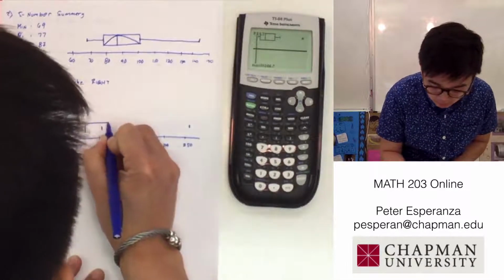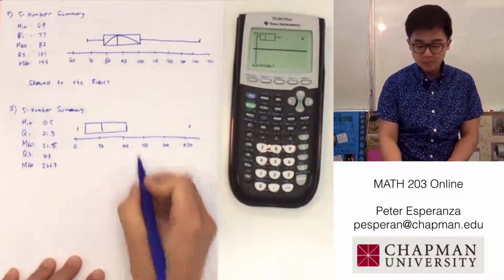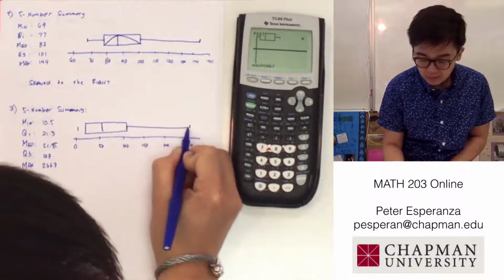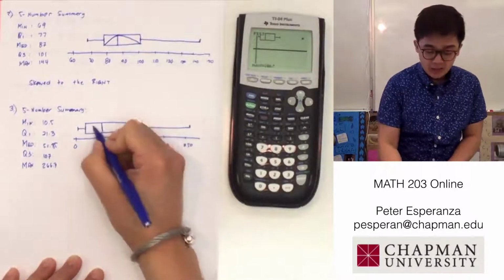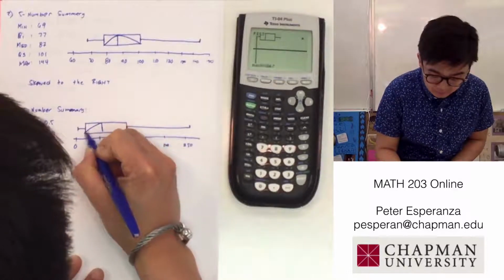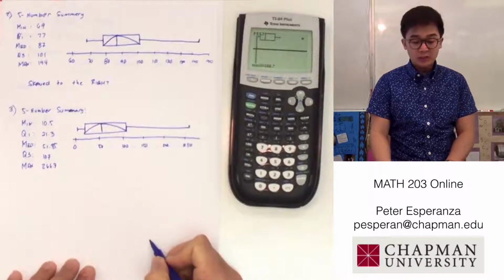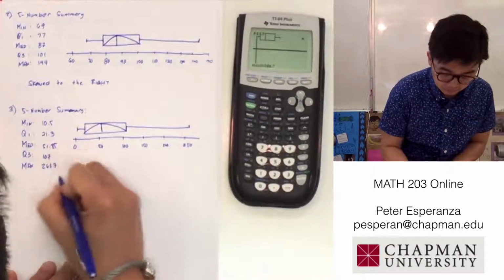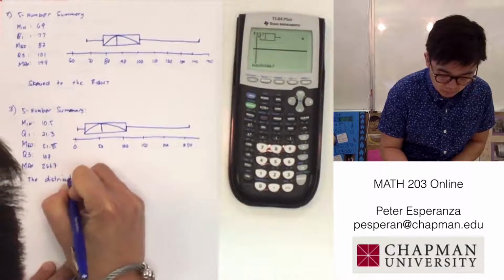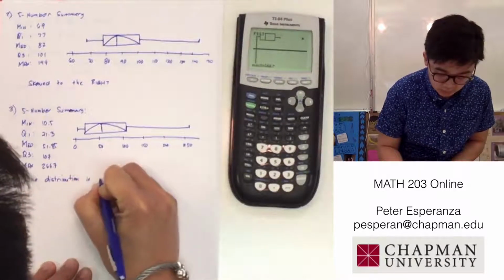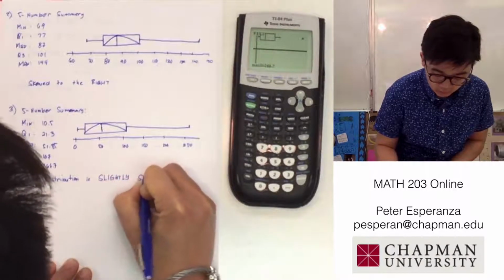So this one is our box. And the median. And this will be the whisker, which is the minimum and the maximum. And we can say that our distribution is slightly skewed.